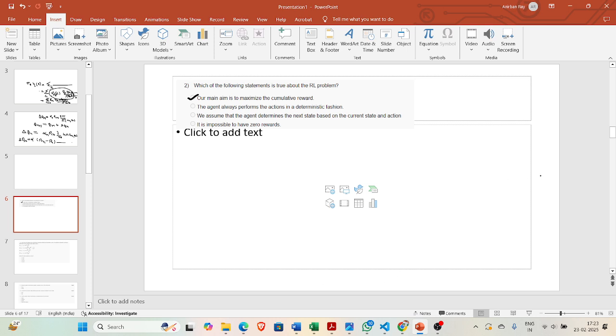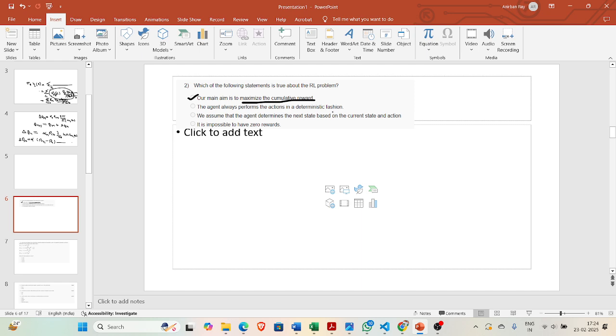That is the extension from immediate RL to full RL problem. So in this week we have extended from immediate RL to full RL, and the most important step is that you are taking a cumulative reward, not a single reward of any step. Agent performs always in a deterministic function?